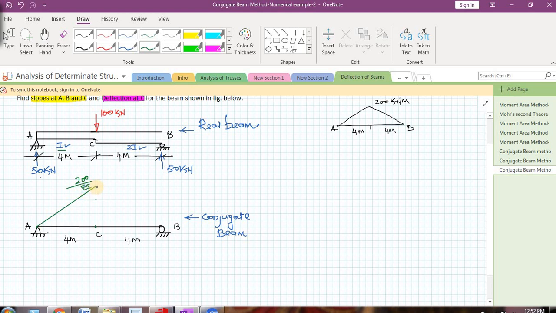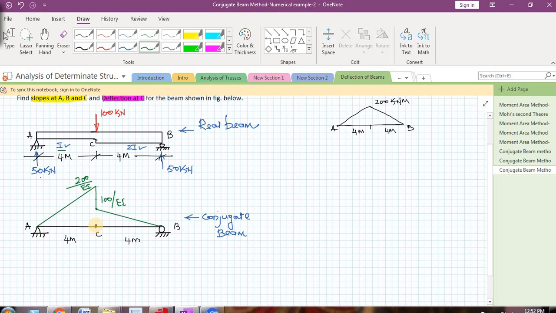Now just right of C, the bending moment is still 200 kN meter, but the moment of inertia has changed to 2I, so I should divide it by 2. So 200 divided by 2, you will get 100. So let me just draw that. The bending moment at B will also be 0, and you have to join from here to here, and this will be a straight line. So this will be 100 divided by EI, that is this ordinate.